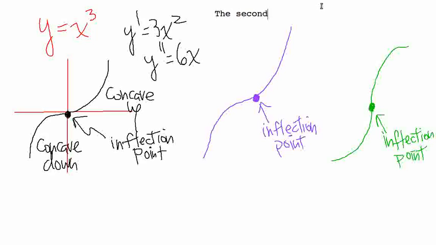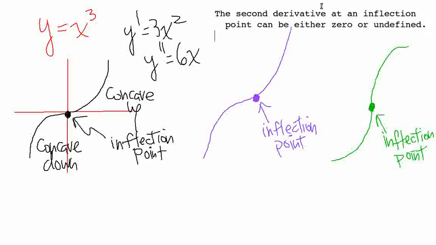The second derivative at an inflection point can be either 0 or undefined. If the second derivative is 0 or undefined, and if the second derivative changes sign as you move across the point from right to left, then you can be sure it's an inflection point.